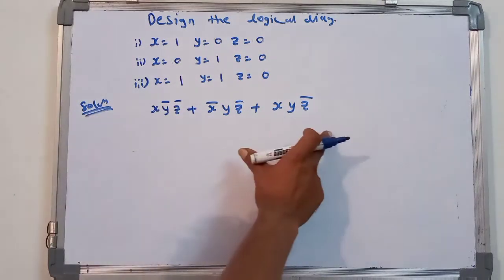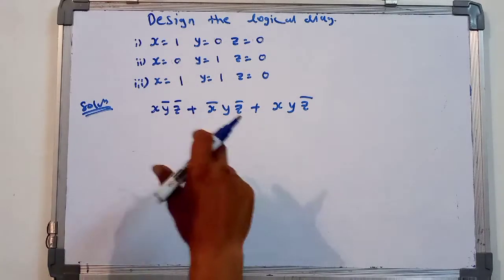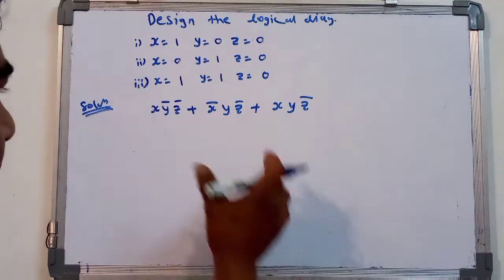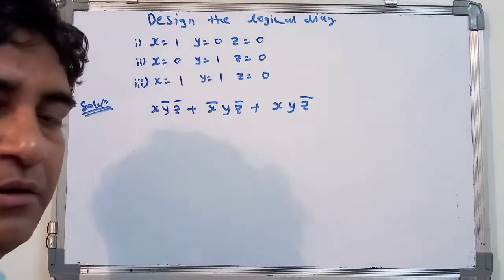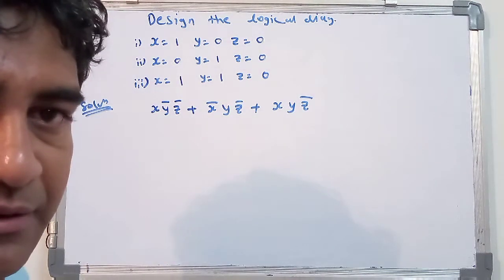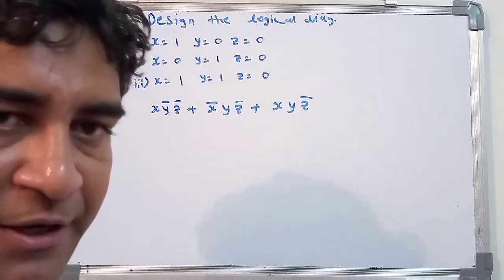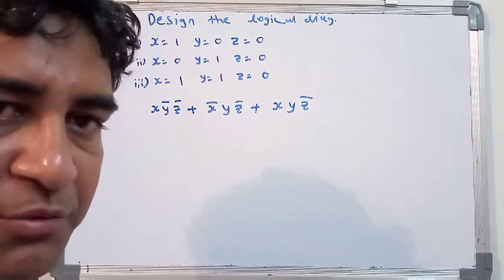Now from this required equation, as I told you, first we have to solve it using the Boolean equation. For solving this Boolean equation, you have the previous part. Observe the previous video on the different types of identity laws, associative laws and distributive laws.